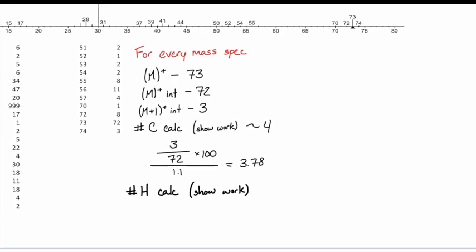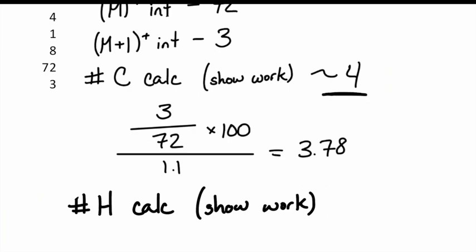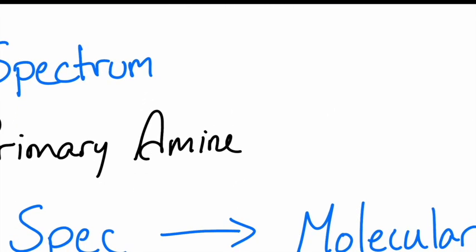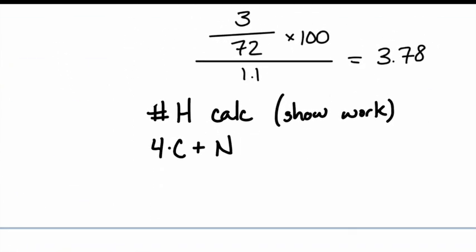So how do I get to my number of hydrogens? All right, so what I know about my compound so far is that it contains 4 carbons, right? So I'm going to take 4 times the mass of carbon. The other thing that I know, though, is the functional group. It's an amine. So I know it also contains a nitrogen, right? So then I'm going to take 4 times the mass number of carbon plus the mass number of nitrogen.